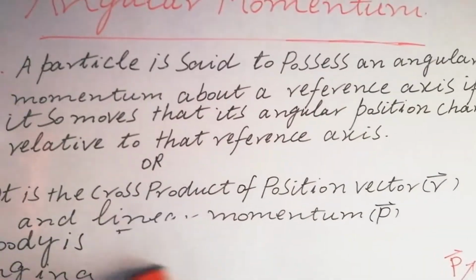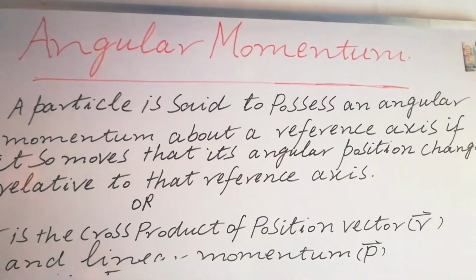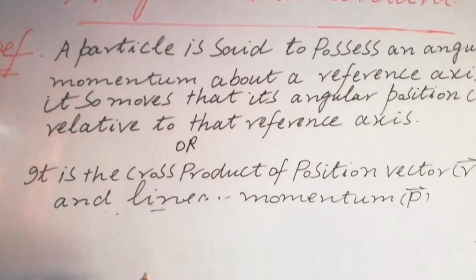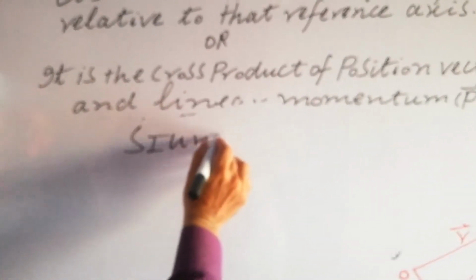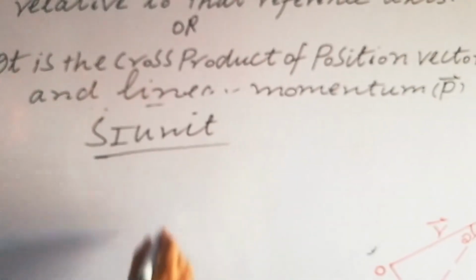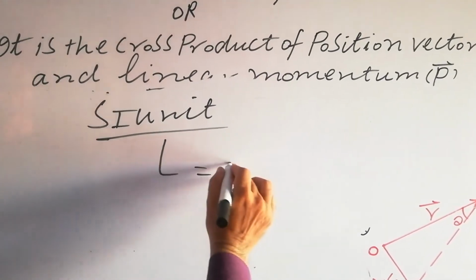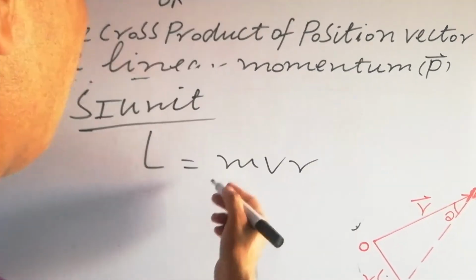Look at the case here, students. The SI unit of angular momentum. We know this relation, I've just drawn it: L is equal to m v r.